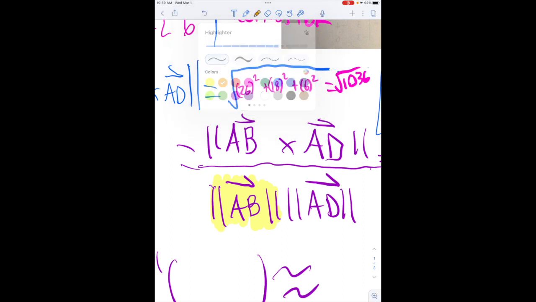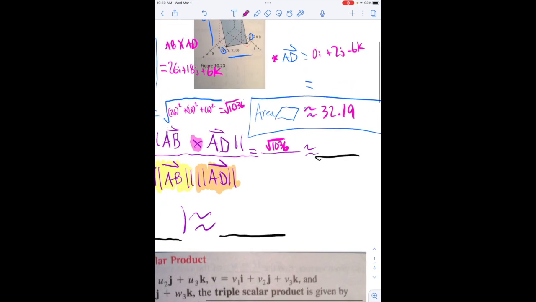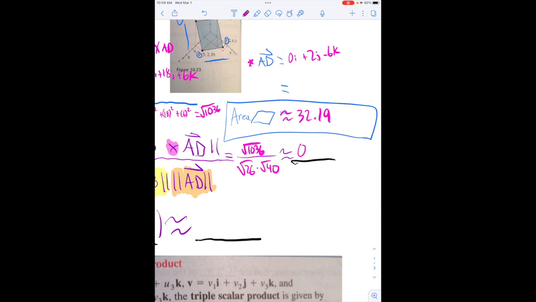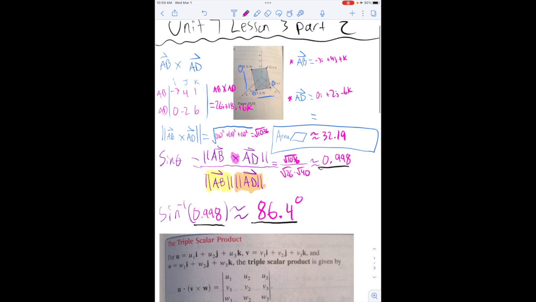We already got our answer for the top from the first one: the square root of 1036. The answer for the bottom is the square root of 26 and the square root of 40. When we plug those in and simplify, we get about 0.998. Putting in inverse sine of 0.998, I get about 86.4 degrees. So no, it is not a rectangle because it does not have a 90-degree angle.